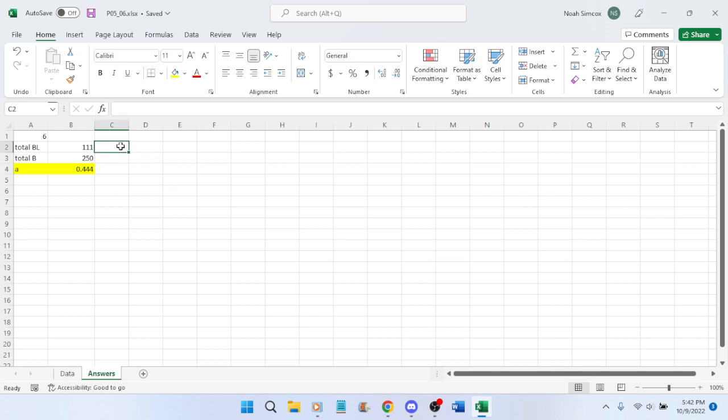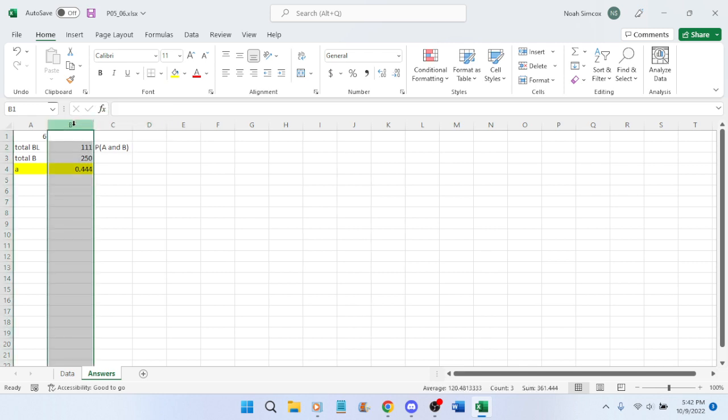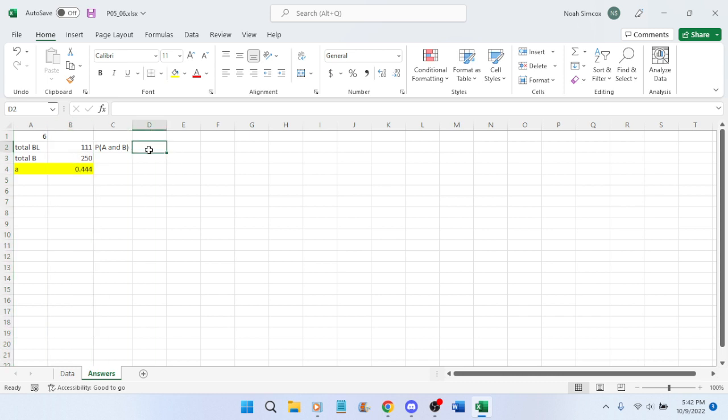The probability of A and B is going to be equal to 111 divided by 400.